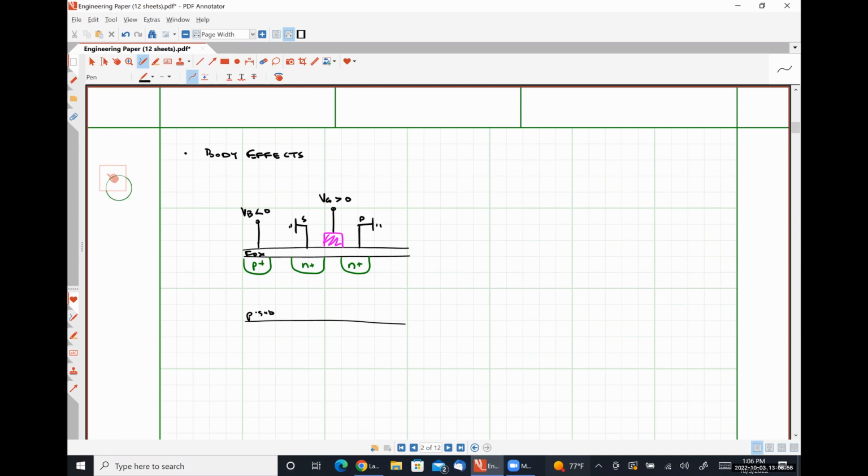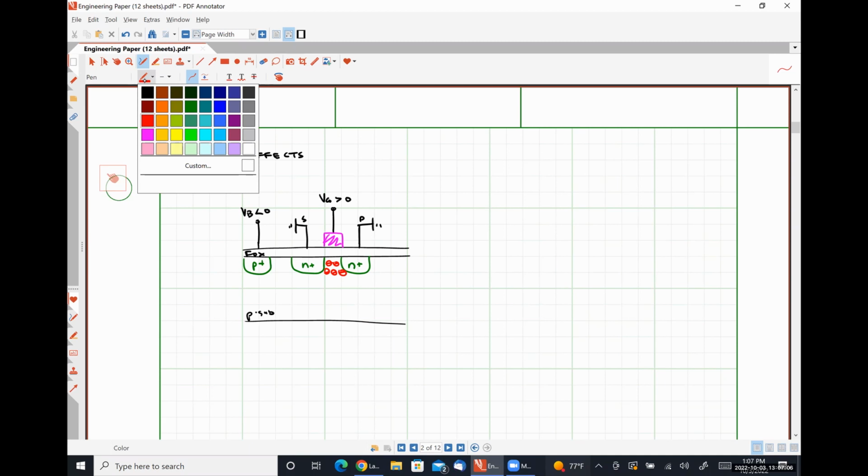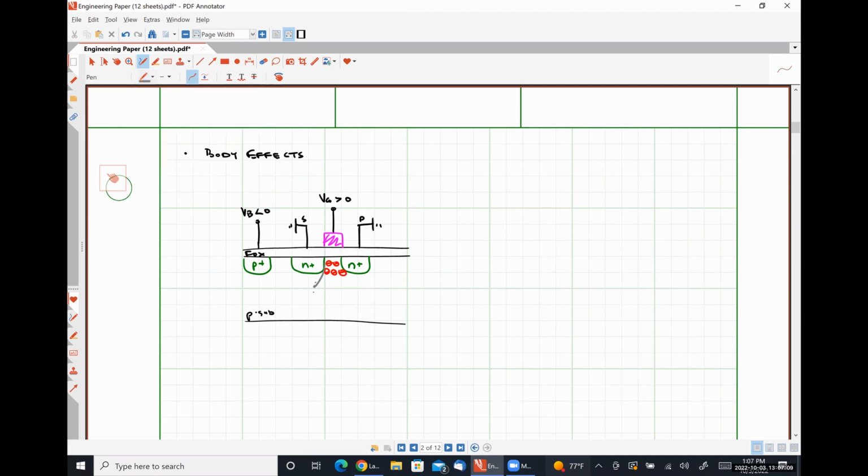Okay. So we know that holes are going to be pushed out from the region beneath our gate due to the fact that VG is greater than 0. Okay.